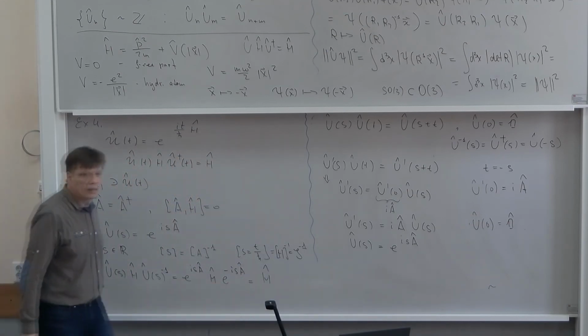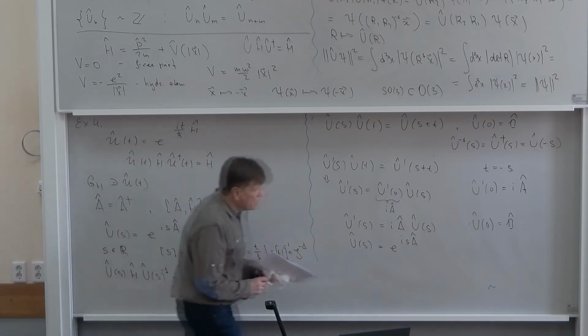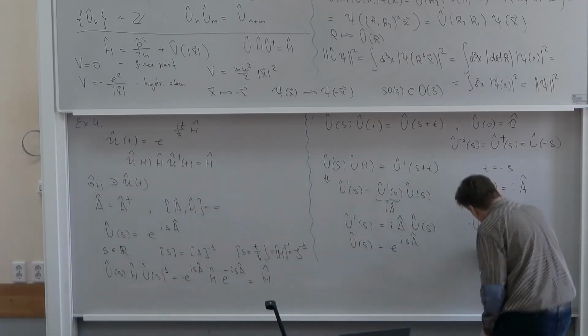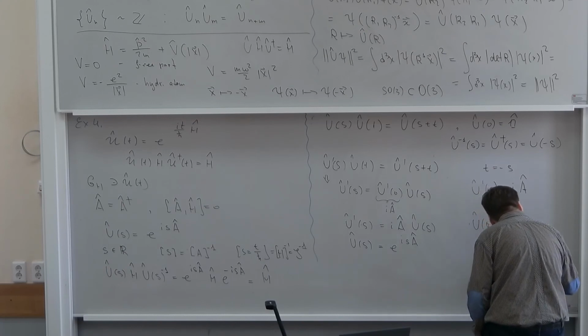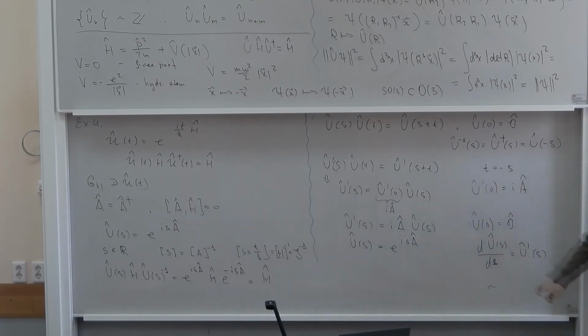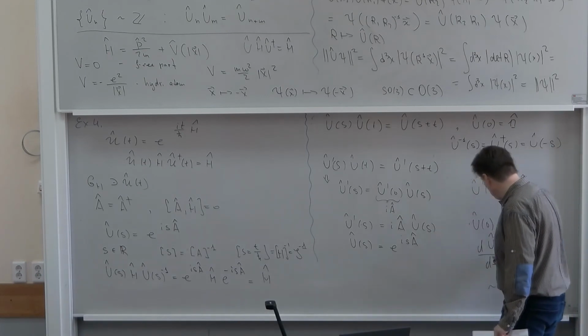Where would you define the U prime? U prime is just, let me write it down explicitly, the derivative with respect to the parameter.